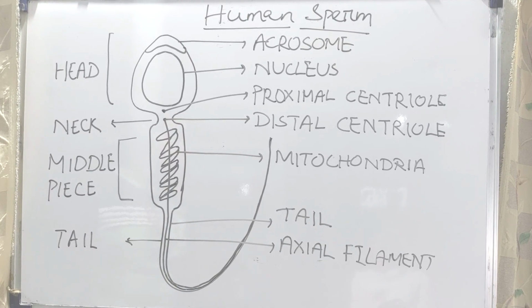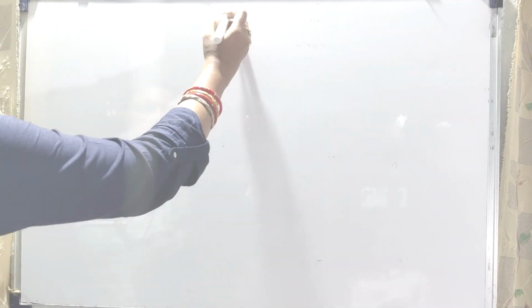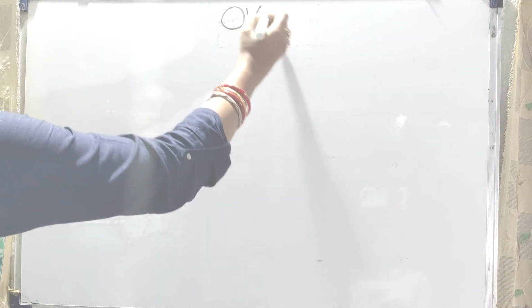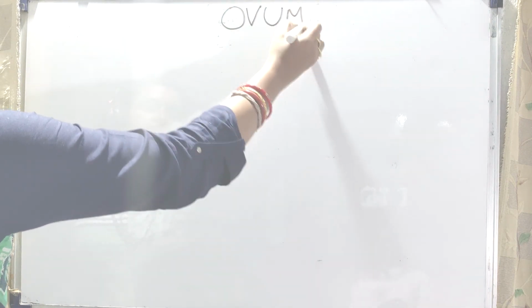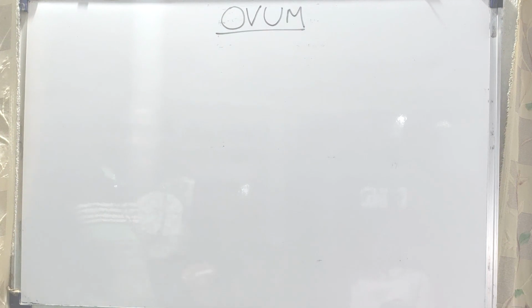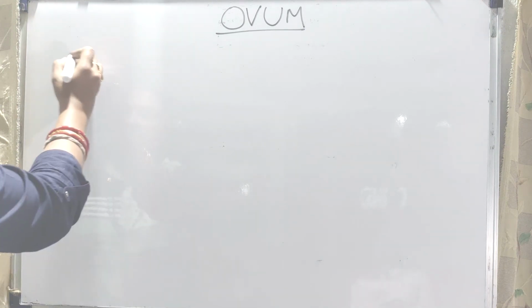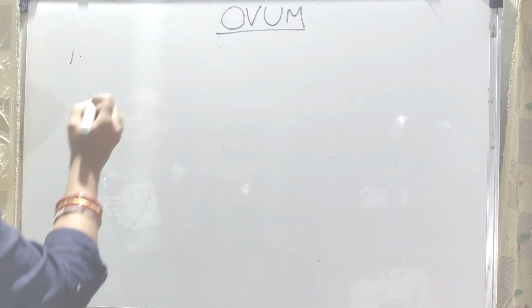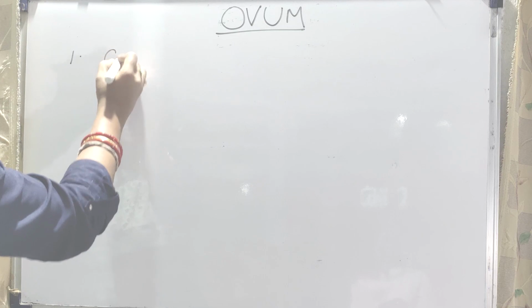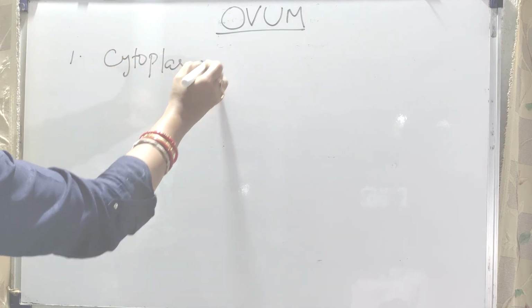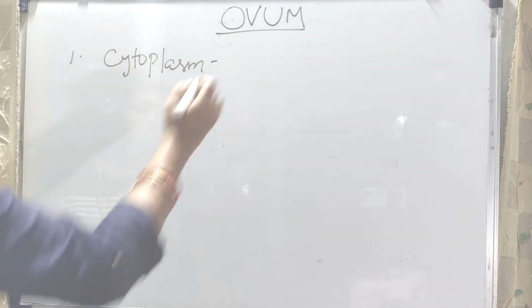Now let us learn about the human ovum. Ovum is the female gamete. This cell contains the cytoplasm, which is known as ooplasm.